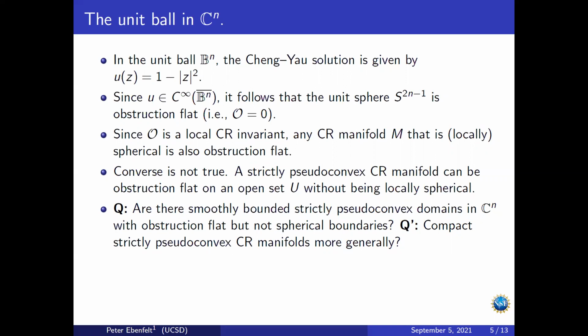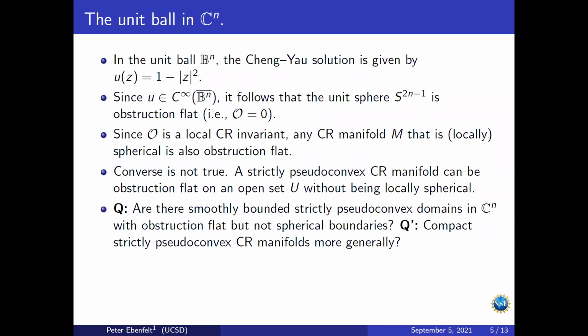I should point out, we still don't know the answer to Q, but being bold, we also pose a more general question, Q prime. Namely, what about more general compact strictly pseudoconvex CR manifolds that don't have to be boundaries of domains in CN?